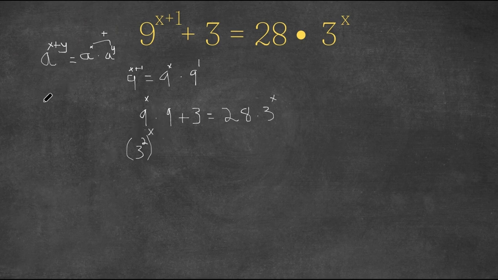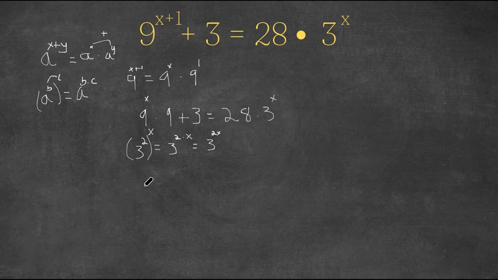And whenever we have a to the power of b, and the whole thing to the power of c, this is equal to a to the power of b times c. So we multiply these two exponents. This equals 3 to the power of 2 times x, which is simply 3 to the power of 2x.